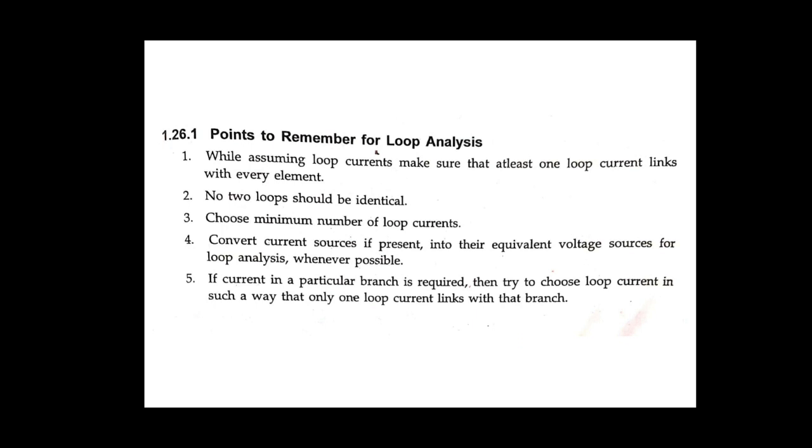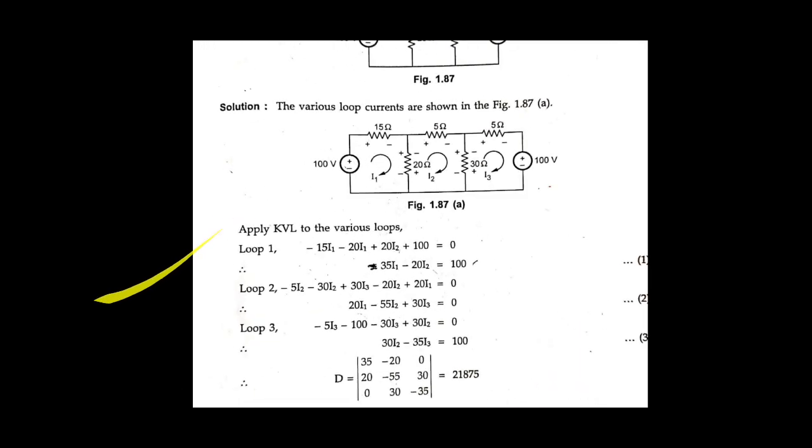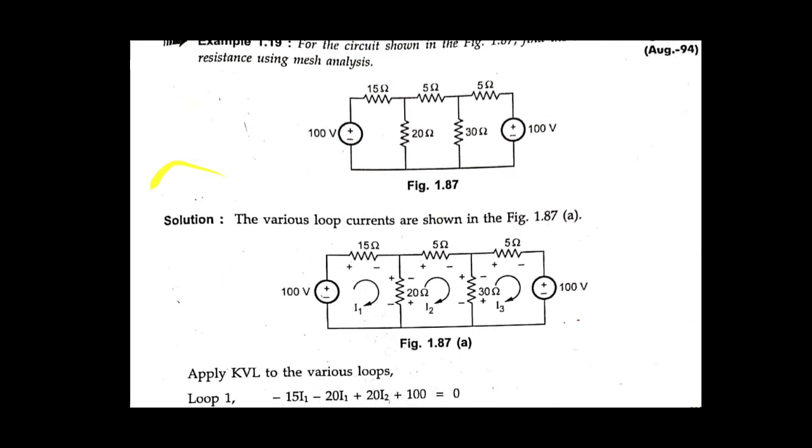If there exists a current source, then you can convert that current source into an equivalent voltage source for loop analysis whenever possible. And the next point, if the current in a particular branch is required, then try to choose the loop current in such a way that only one loop current links with that branch. Okay, so these are the main points. Let us come to the problem example. See here, just observe this problem very carefully.